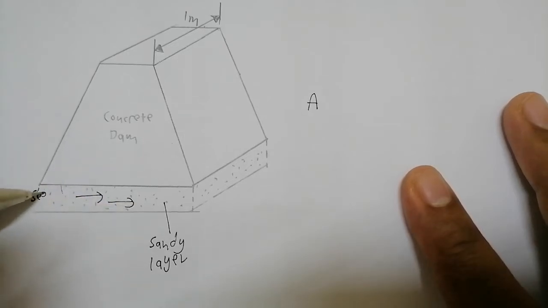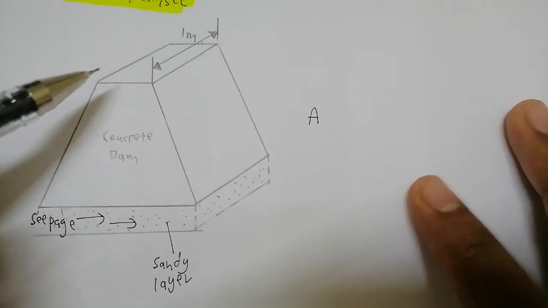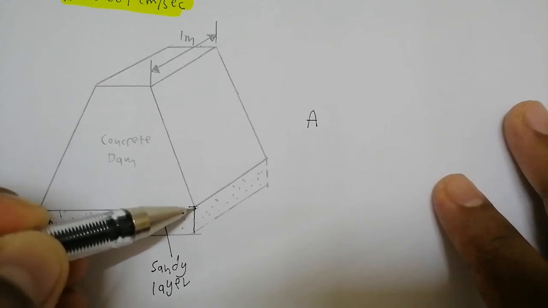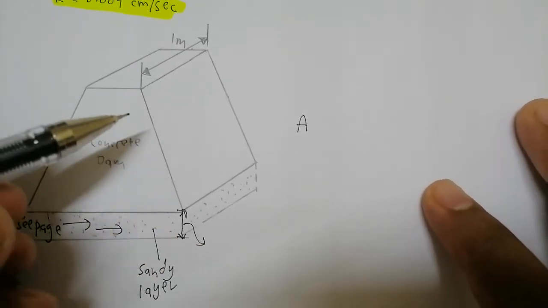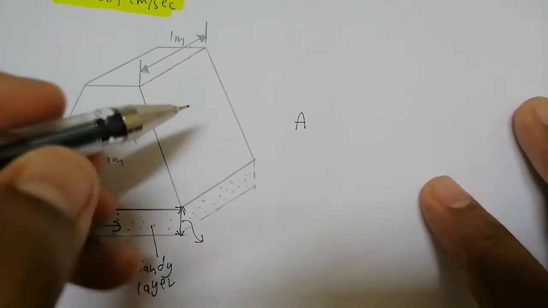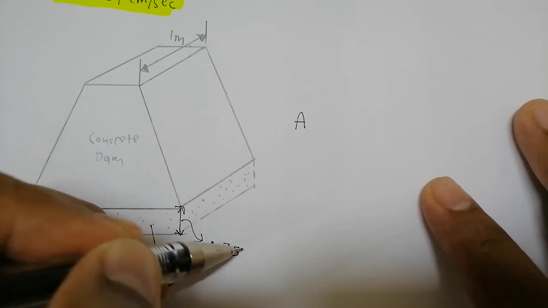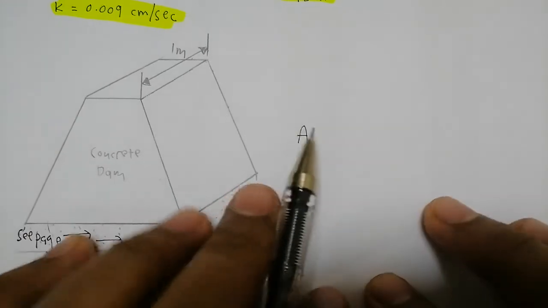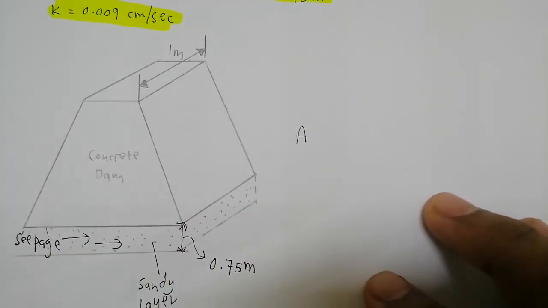And this is the height of the sandy layer, and given in the question, it is equal to 0.75 meter.